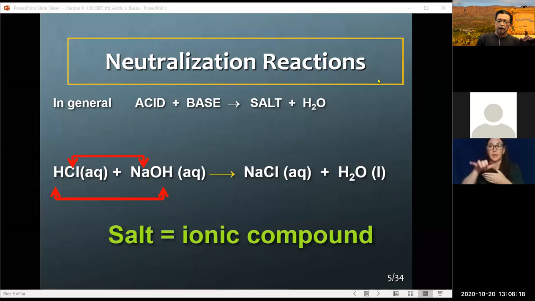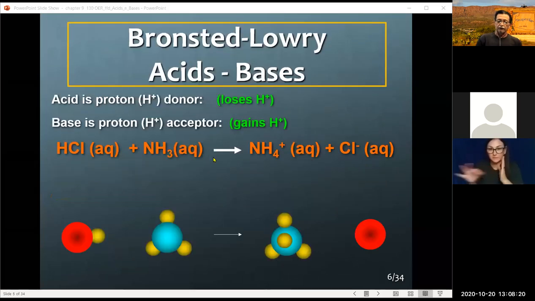And if you go back to the Bronsted-Lowry, here you see that ammonia, NH3, has nothing to do with hydroxide here. But refresh your memory on the Lewis dot structure of ammonia. Yeah, it had a lone pair on the central atom.